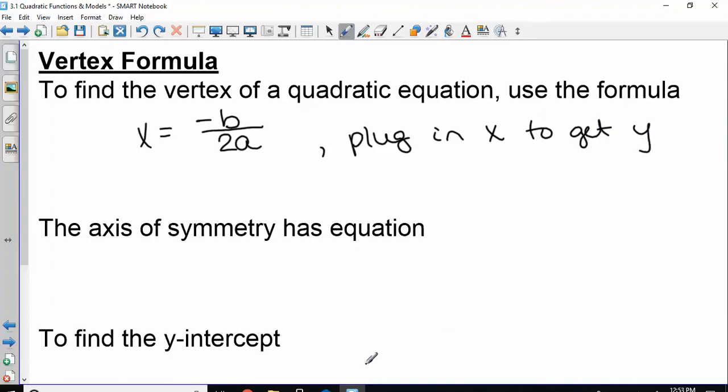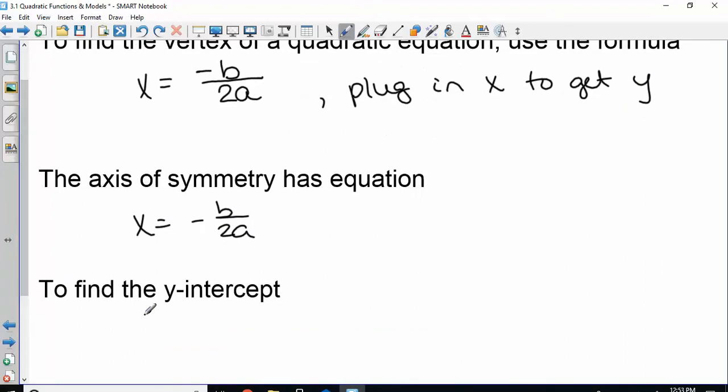So that is the equation of the axis of symmetry. How do you find a y-intercept? What is a y-intercept? What does that mean? Where you touch the y-axis, and if you're on the y-axis, what's x? So you plug in a 0 for x and you get your y-intercept.